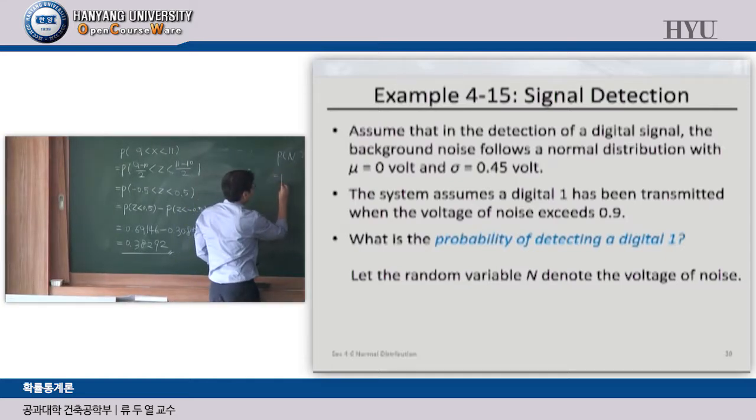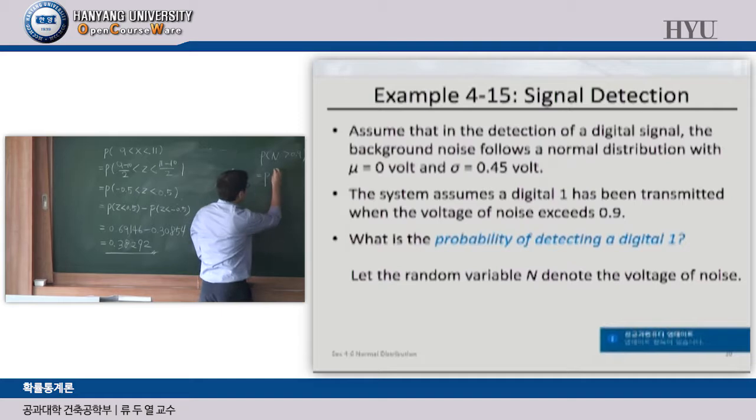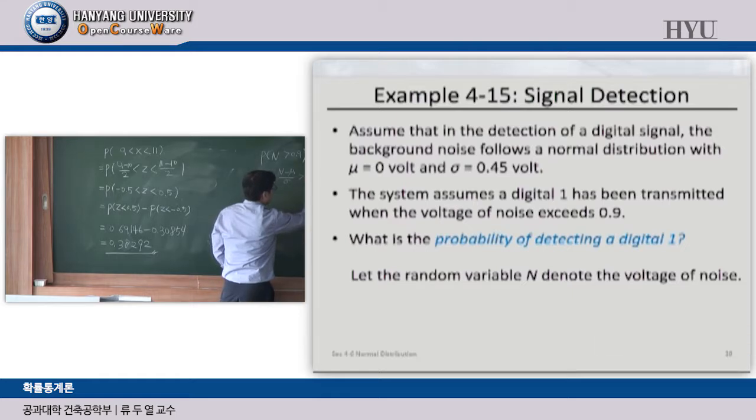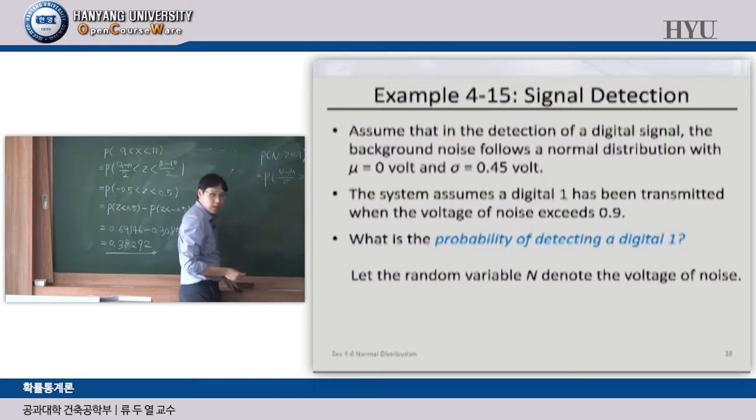And also we can use the standardizing method. (N minus mu) over sigma should be larger than 0.9 minus 0 over 0.45. Okay?